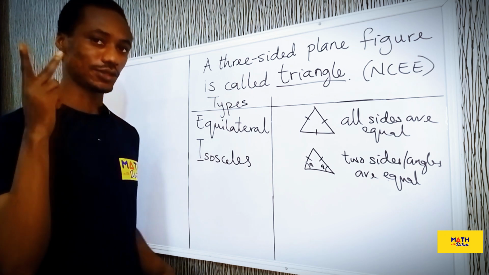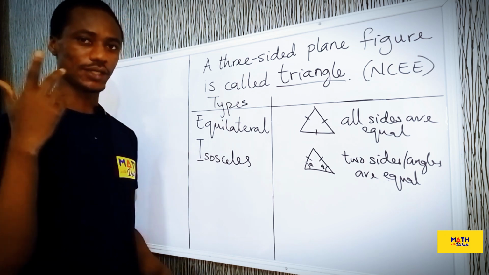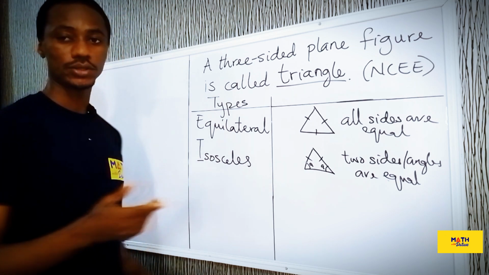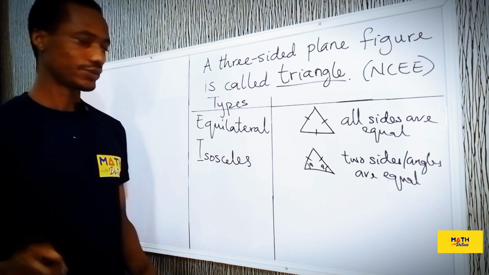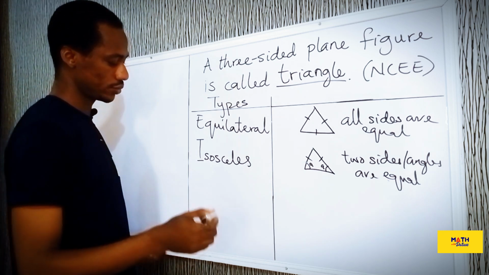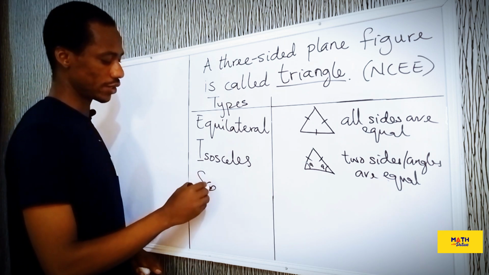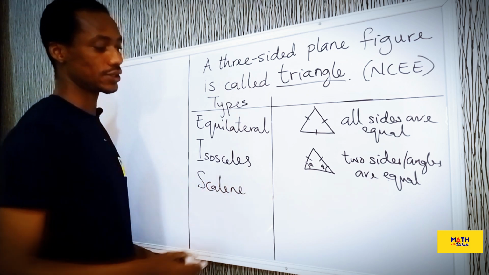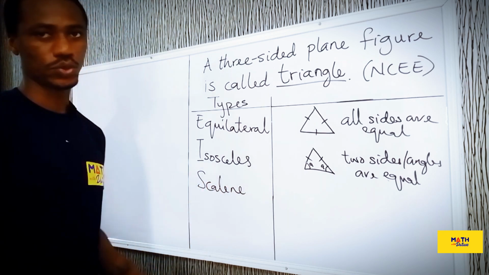How many have we mentioned? Two types. The first one, we said equilateral. The second one, isosceles. The third one, we have the scalene triangle. The scalene triangle has no equal sides.